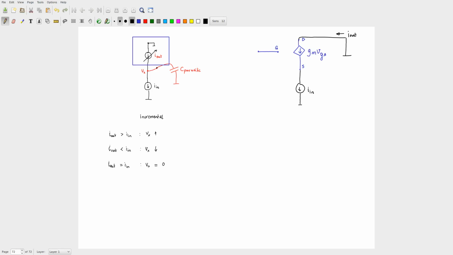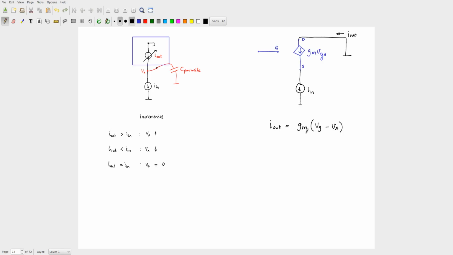I in by gm. Think carefully. So what is happening to Vs? Now let us write out the expression for I out. I out is gm times vgs, which is nothing but Vg minus Vs. You know that when I out is equal to I in, your Vs is equal to 0. So what should Vg be?